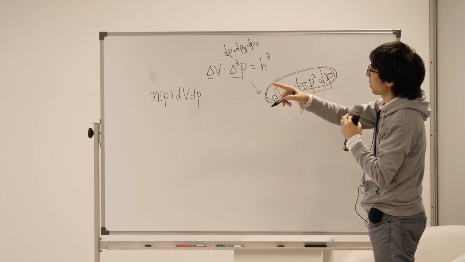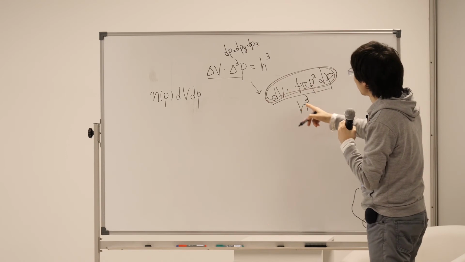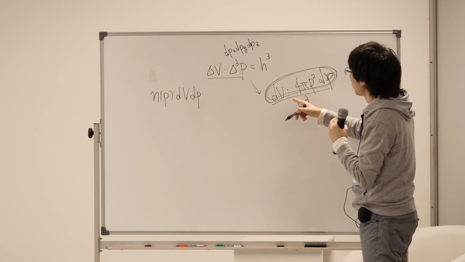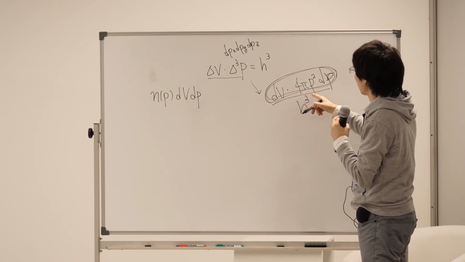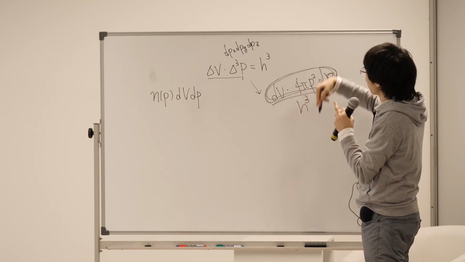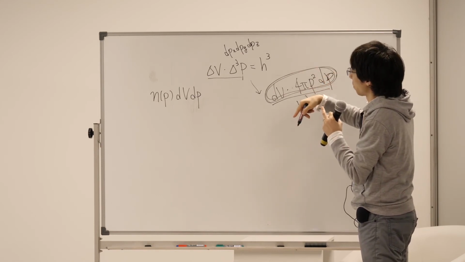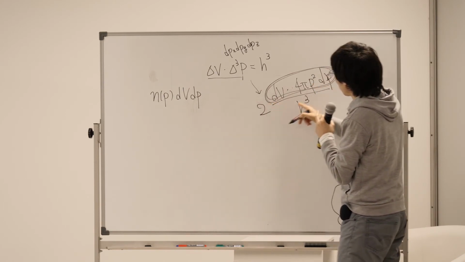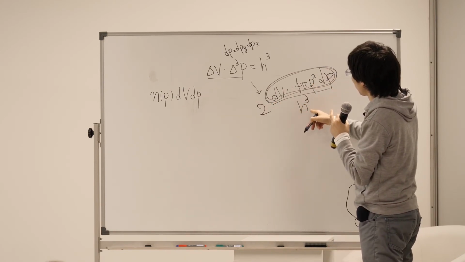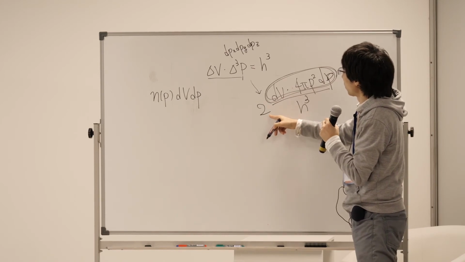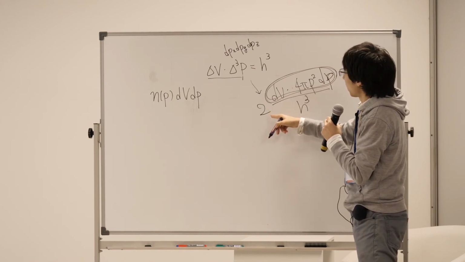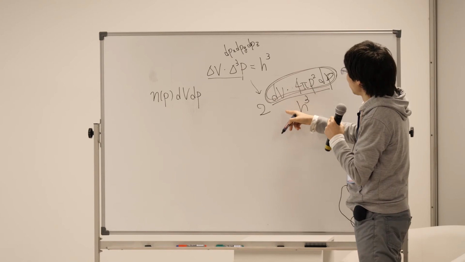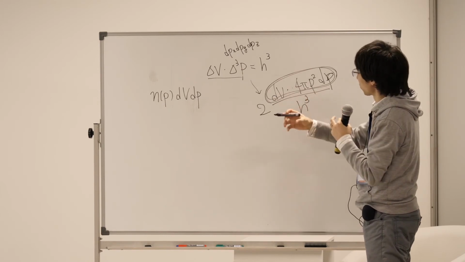And then from the Pauli exclusion principle, there can be 2 electrons. So there's one spin up, spin down. So that there should be 2 in the same condition, in the same place. There can be 2 electrons which can be in this region.